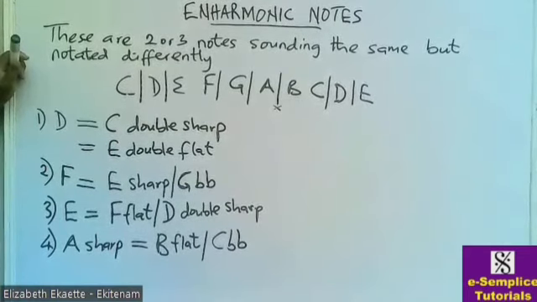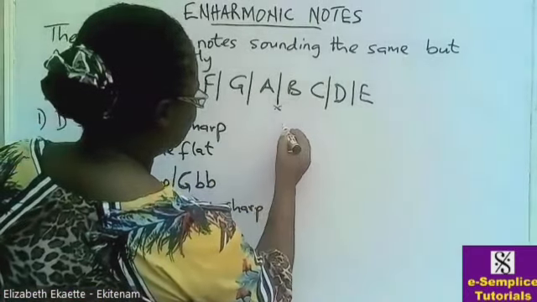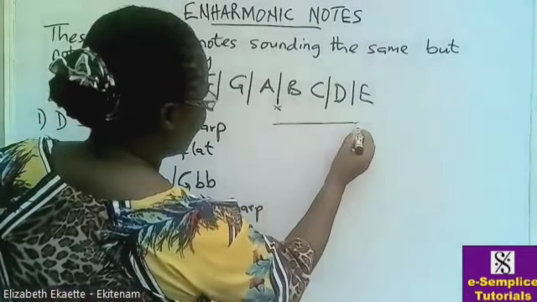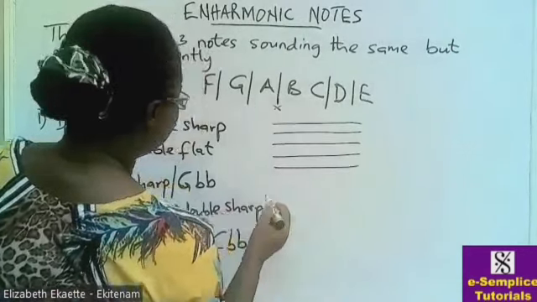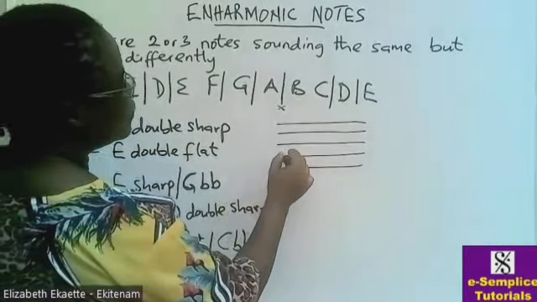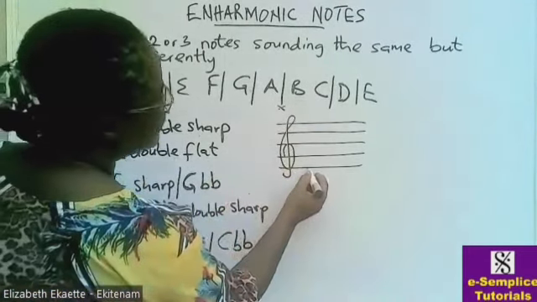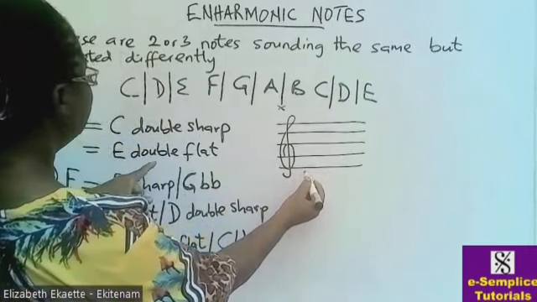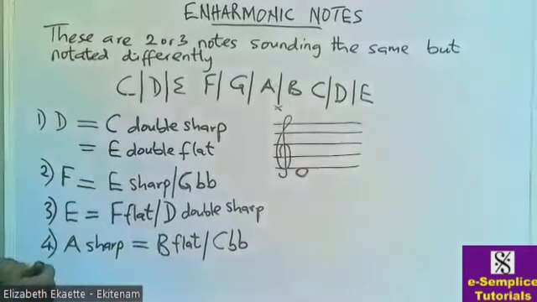I would like us to try and put these on the stave. What we've done here, let's try and represent it on the stave. Let's do the first one. We'll just pick the clefs randomly. Now, let's use treble clef here. The note given is D. Let's use a semibreve.